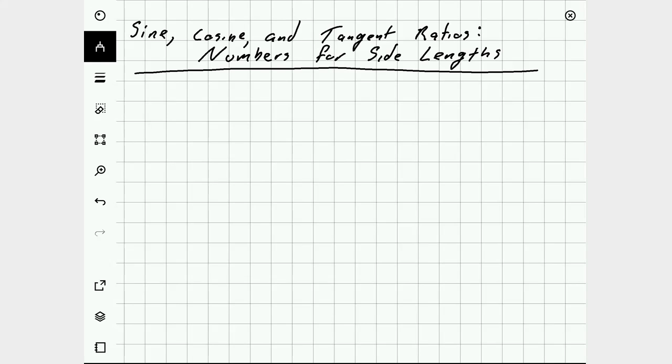Sine, cosine, and tangent ratios, numbers for side lengths. Sine, cosine, and tangent are the first three and the three most important trigonometric ratios.